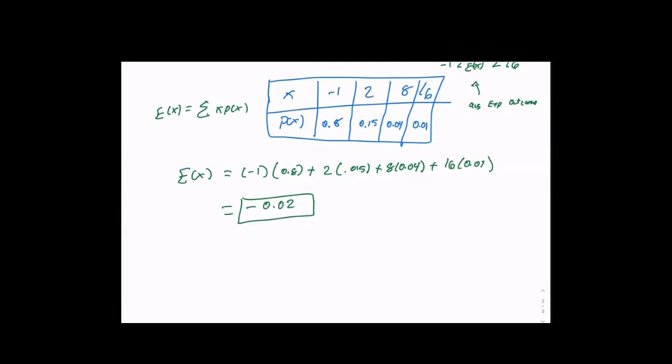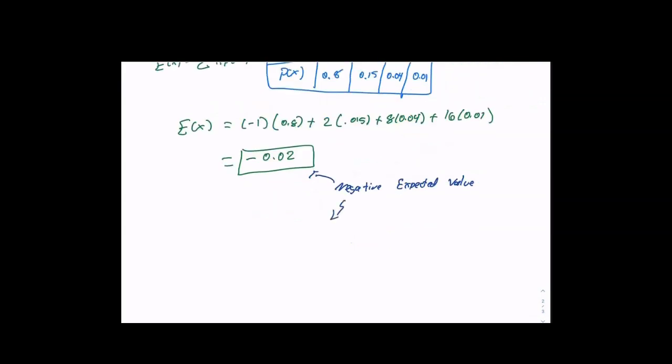So what that means is that there is a negative expected value. As such, this is a bad game to play since you're losing on average, even if it's 2 cents.